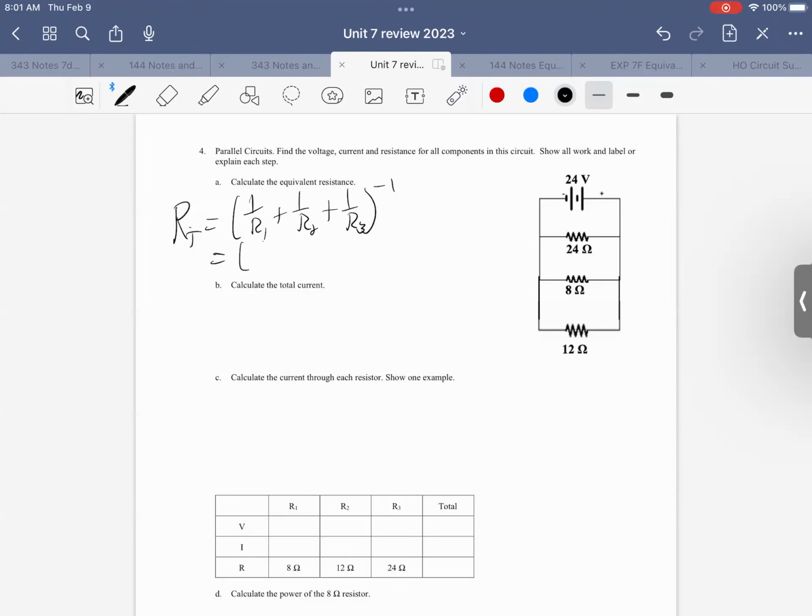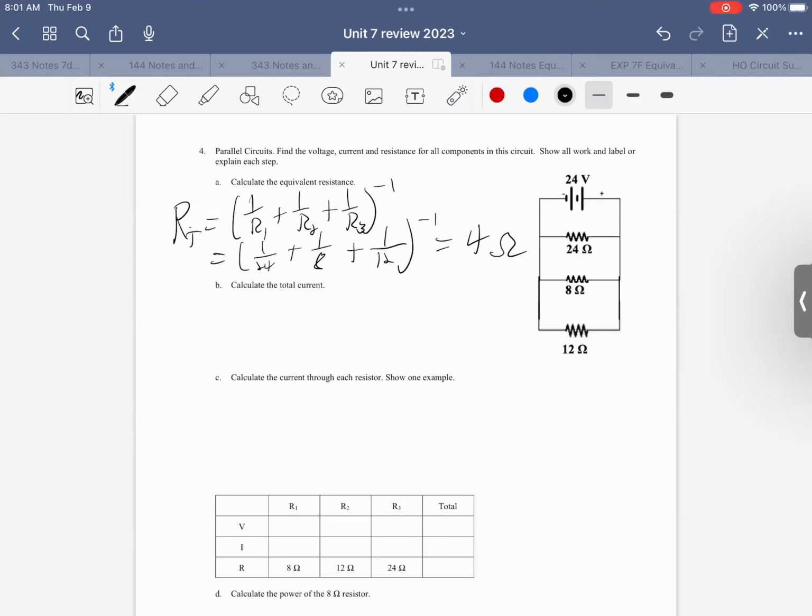And so it's going to be 1 over 24 plus 1 over 8 plus 1 over 12, all to the -1. And I do that out in my calculator and I get 4 ohms. All right, total current. Now it's the same thing as a series.